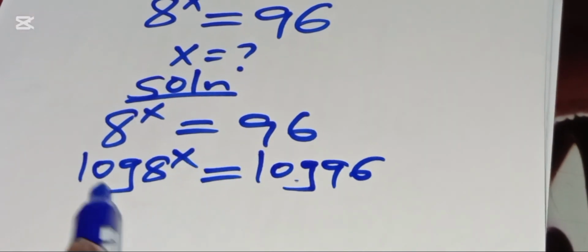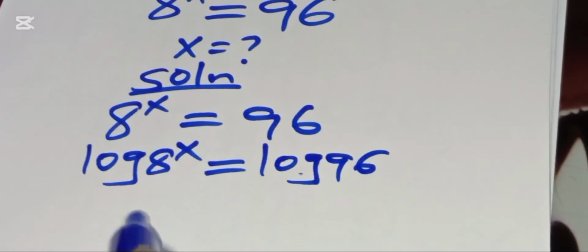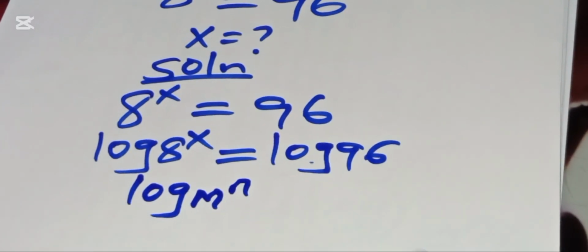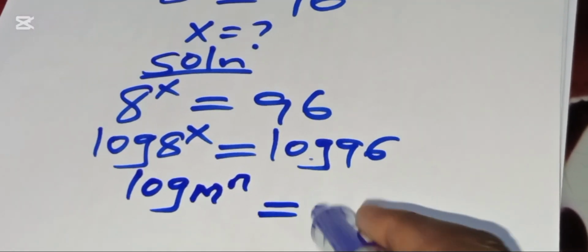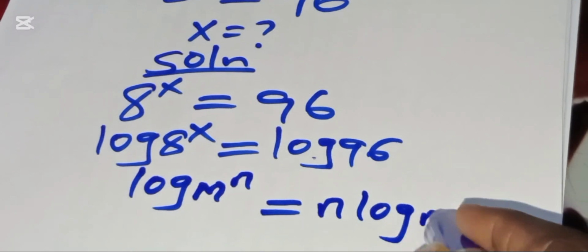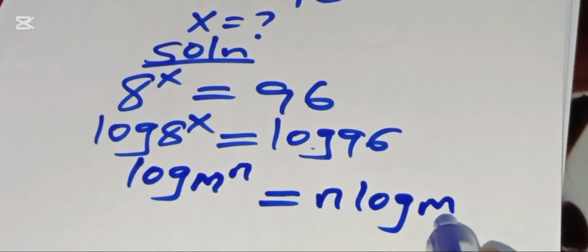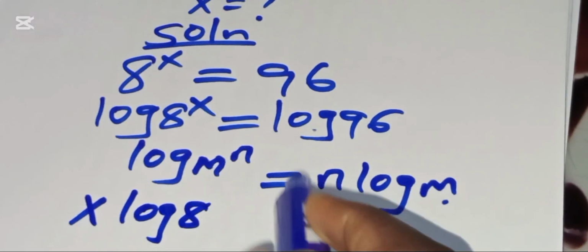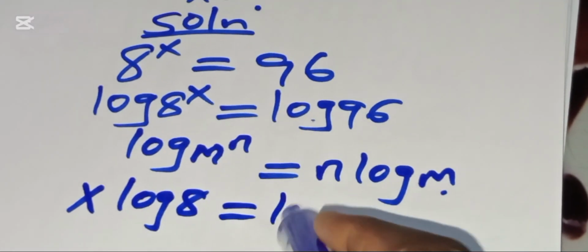Now from here, we have log 8 raised to power x. This is in the form of log m raised to power n, which we can write as n log m. Applying this logarithm property, we have x log 8 equal to log 96.